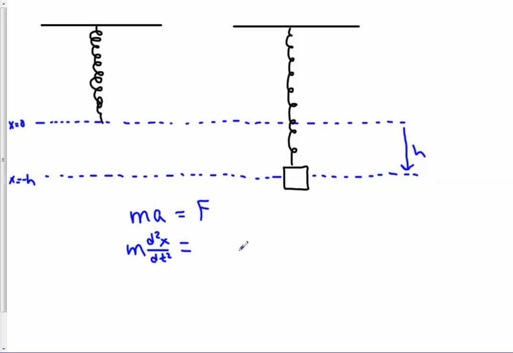and we account for all the forces, we still have the spring still works the same way, whether it's horizontal or vertical. So we still have a negative kx. We have potentially a damping term, minus b dx/dt, right? We might have friction.